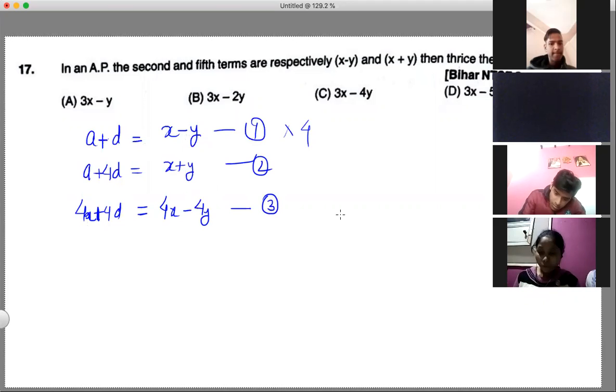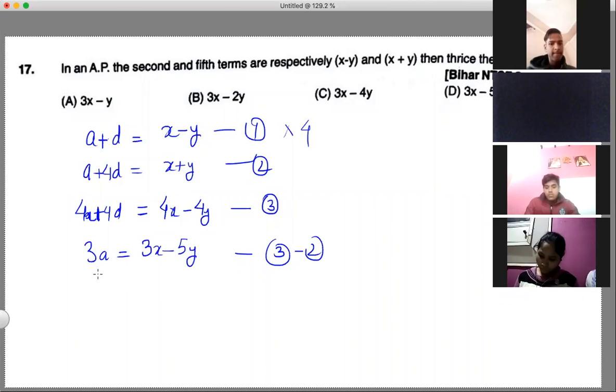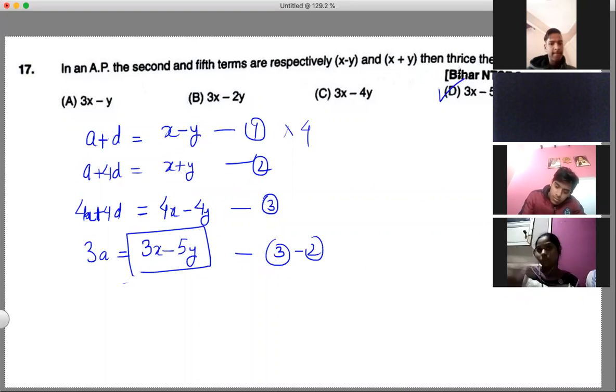Okay, we can subtract the second from the third. We will have 3a is equal to 3x minus 5y. So which is thrice the first term. So the answer is this, 3x minus 5y. D is the answer. Okay, standard question.